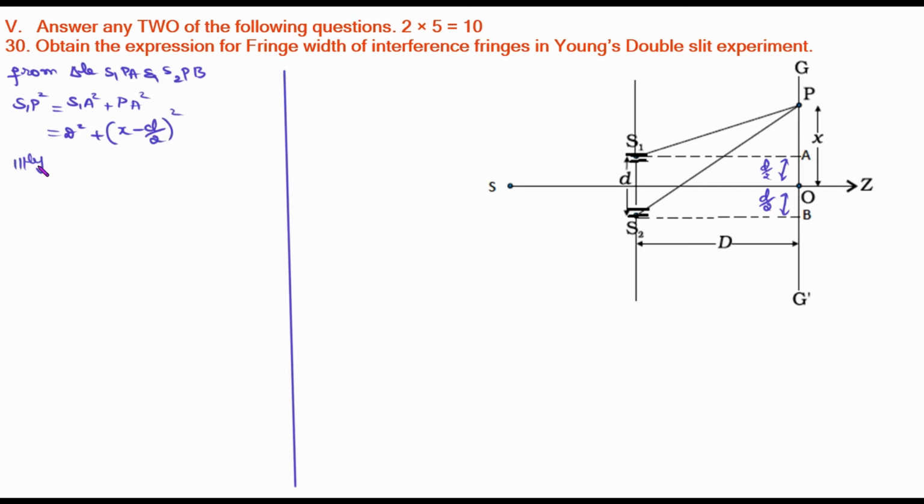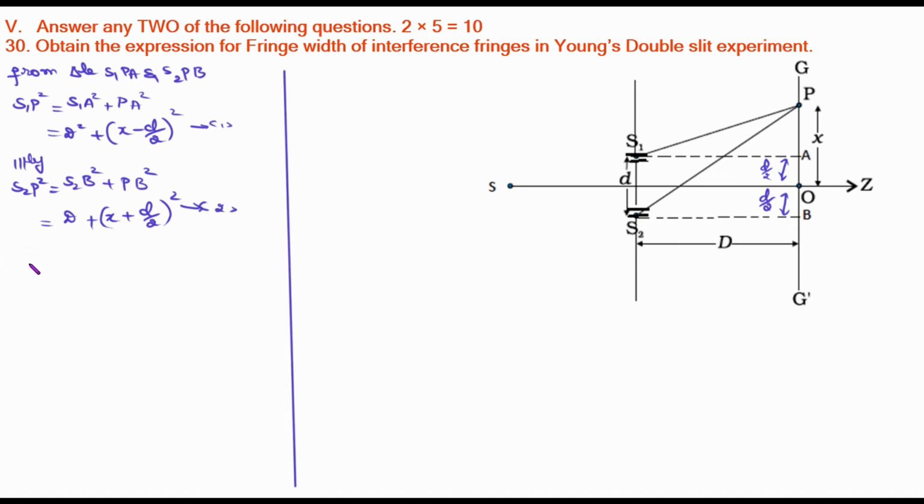Similarly, S2P square is equal to S2B square plus PB square. S2B is again D, plus PB square is x plus d by 2 whole square. Here it is x plus d by 2. So this is equation 1 and this one is equation 2.